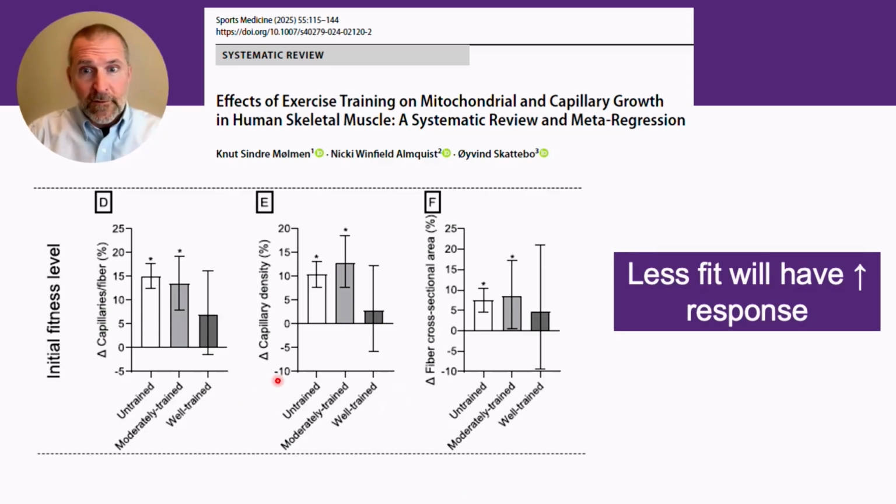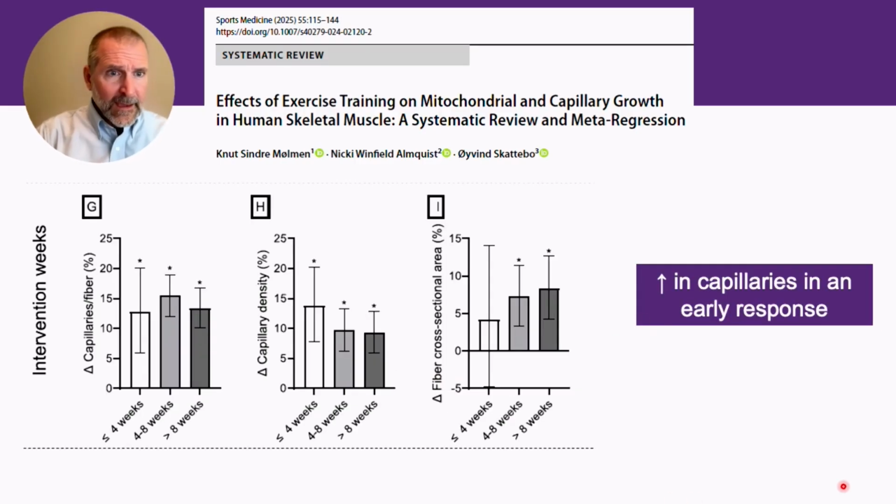Looking at initial training response, not surprising that the more fit an individual is, the less likely they are to increase capillaries. So the good news is, looking at untrained individuals, they should be the most responsive to exercise in terms of increasing capillary density. And then looking at duration, as we kind of saw before, capillaries can increase pretty early in an exercise training program.